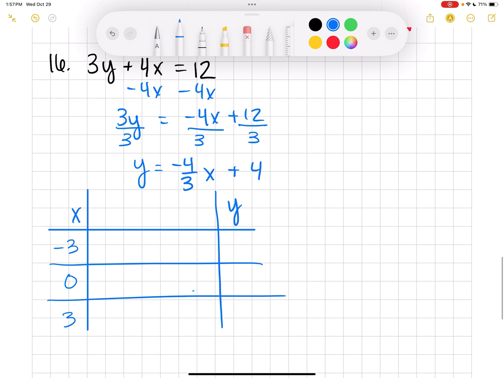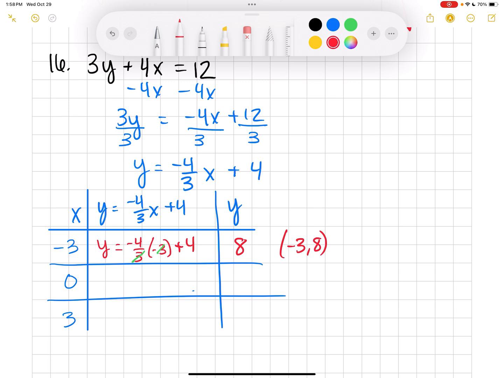So I've got y equals negative 4/3 x plus 4. So y equals negative 4/3 times negative 3 plus 4. So in here, 3 and 3 cancel. So I now have negative 4 times negative 1, which is a positive 4, plus 4. So that's 8. So this is going to be negative 3, 8 is going to be this point.